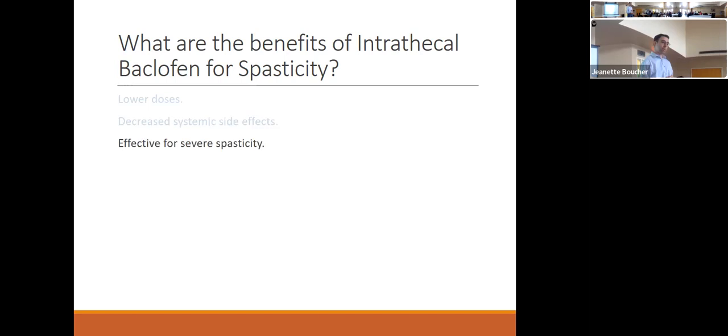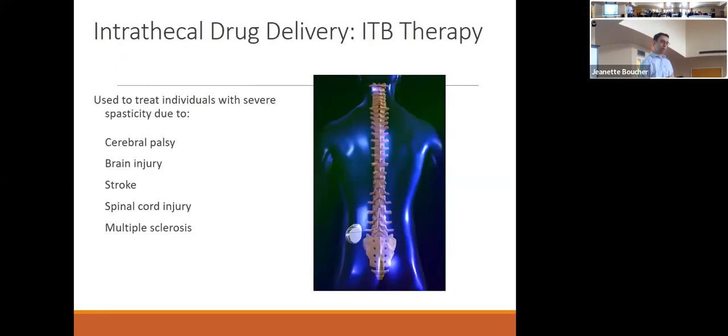And so let me see if I can get a picture for you. Okay. So essentially a Baclofen pump is a small metal reservoir, okay? It kind of looks like a pacemaker if any of you have seen that. It's typically implanted just underneath the soft tissue of the stomach.